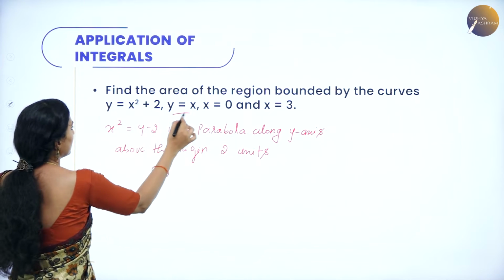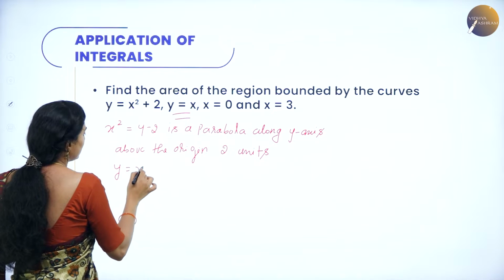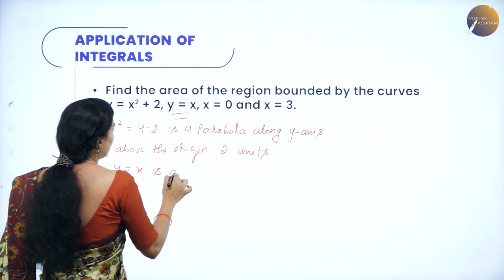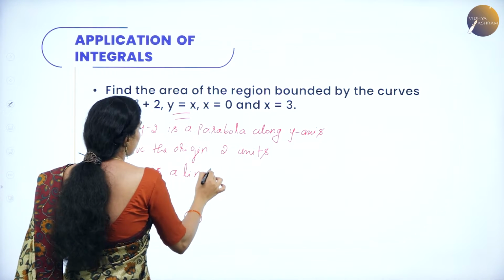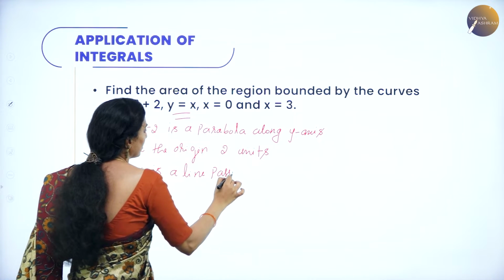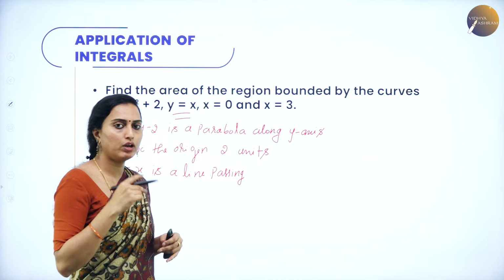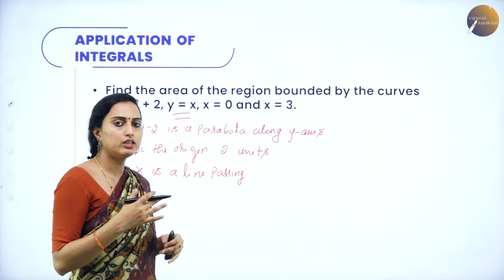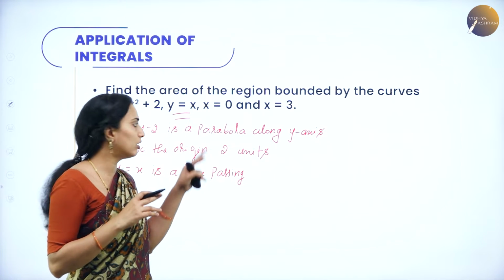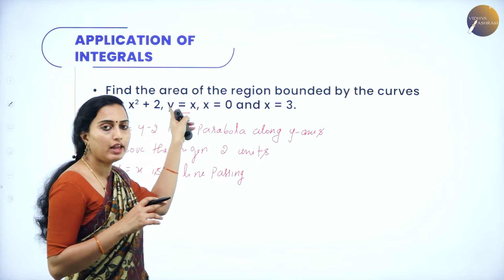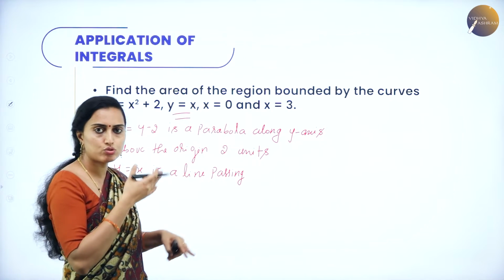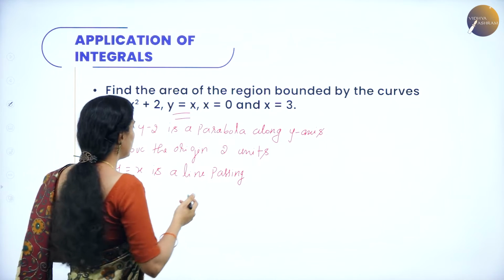And y is equal to x. What is this? It is a line, correct? Y is equal to x is a line passing through the origin. How? If you give x equal to 0, y is 0. X equal to 1, y is 1. X equal to 2, y is 2. Coming to the negative values, x equal to minus 1, y is minus 1. X equal to minus 2, y is minus 2. So it is a line passing through the origin.